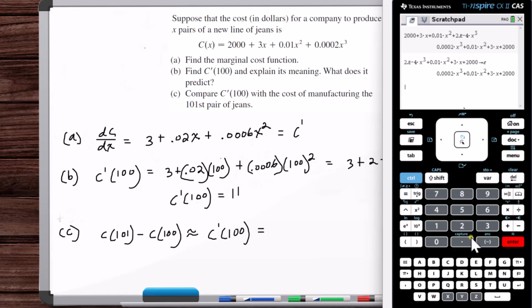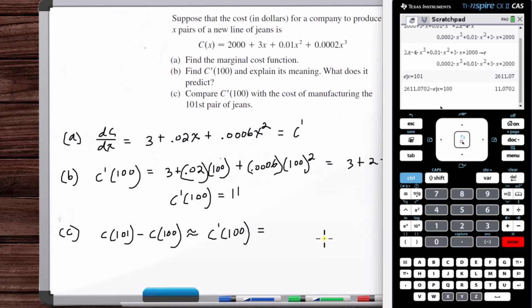And now what we want to do is say that equation evaluated at x is equal to 101 minus evaluated at x is equal to 100. 11.1.